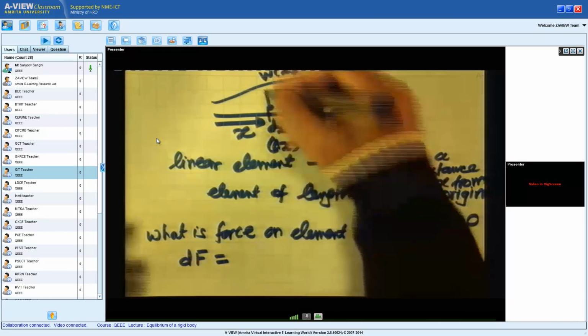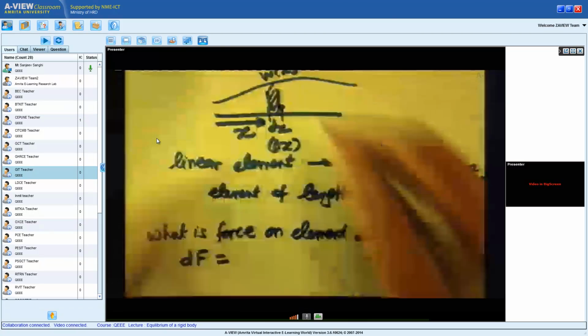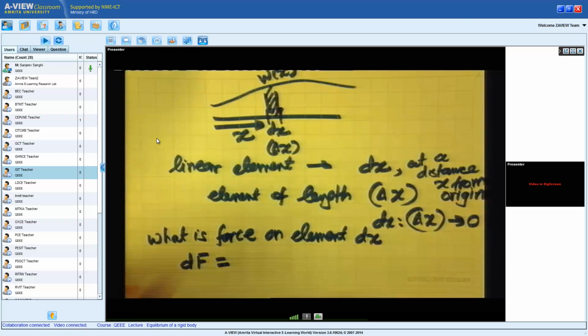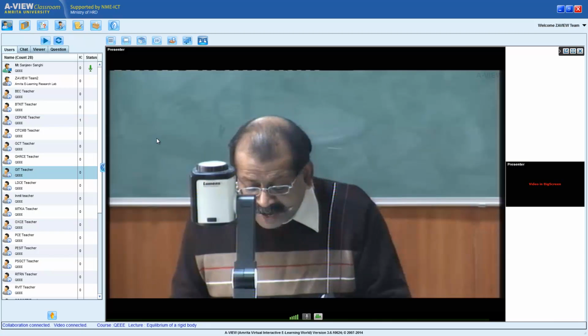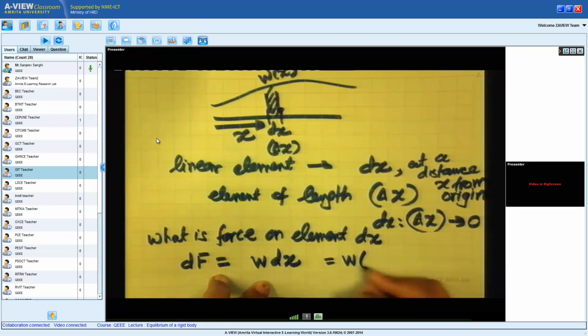Now this will be equal to the shaded area which I have shown, because w of x is force per unit length, and because this element is very small, w of x multiplied by dx is almost like a rectangle. So dF is given as w times dx, or to make it very explicit, w is a function of x, so w of x dx.